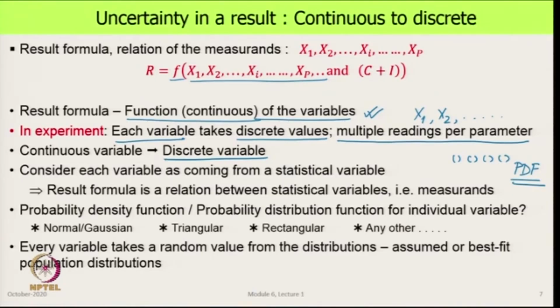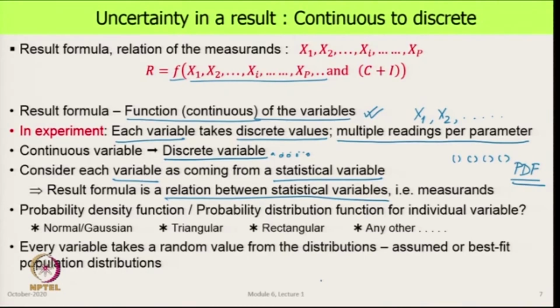So, what we are saying then, if you look at it backwards again, is that these discrete variables that we had here, which is the value of every parameter, for that parameter, these were variables coming from a statistical variable. So, now the result formula has become a relation between statistical variables. The x1s, x2s, xi's are no longer continuous, but they have discrete values which are coming from some type of a probability density function or a probability distribution.